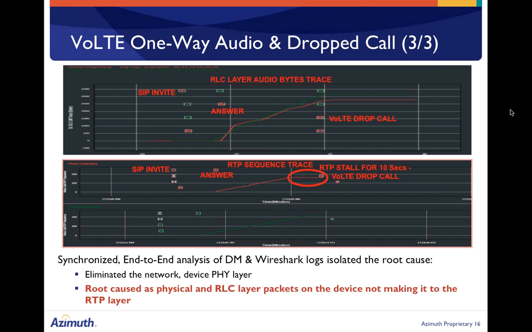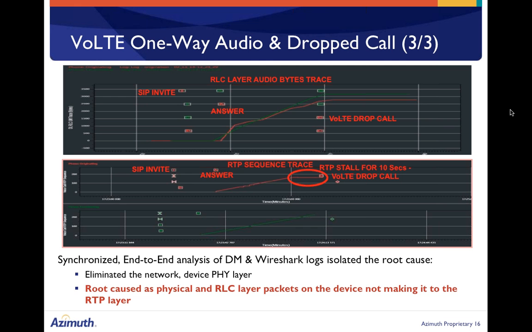But then when you look at the RTP layer, and that's the higher layer in terms of the real-time transport protocol that is being used for VoLTE calls, it becomes clear that as far as the red phone is concerned, the red phone was receiving all the RTP packets fine up to this particular point in time, but 10 seconds before the call drop, which is typically the VoLTE call drop timer, there was no RTP packet coming into the UE for the red phone.